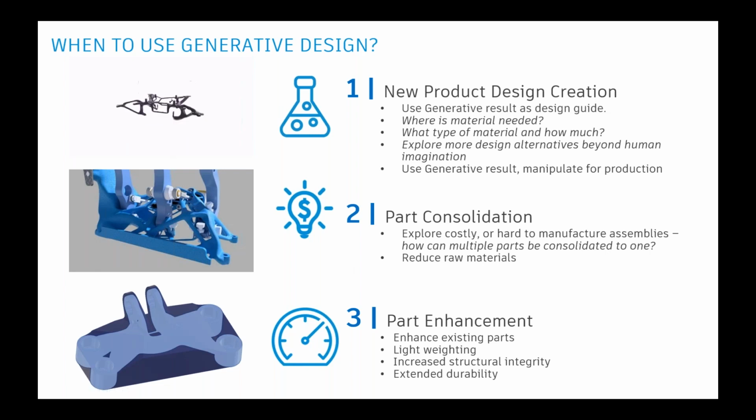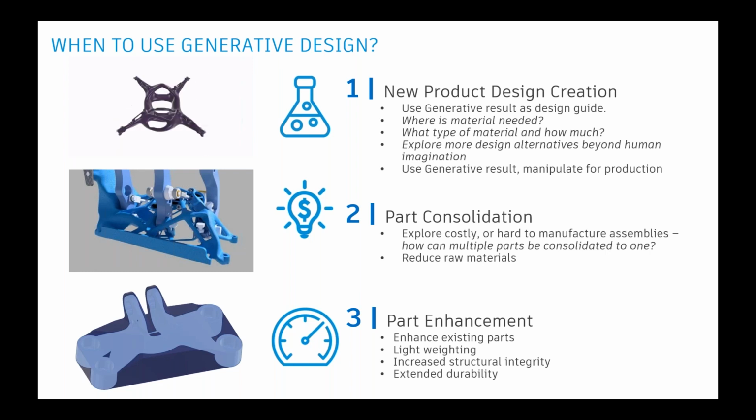And then lastly, part enhancement. So, I spent a lot of time talking about new product design creation, and certainly, I think that's a good fit. But there's no reason that you couldn't apply this to already designed parts. So you could take your current part catalog, a part at a time, or maybe your top 3 parts, and put them into generative design with the constraints, with the loads.